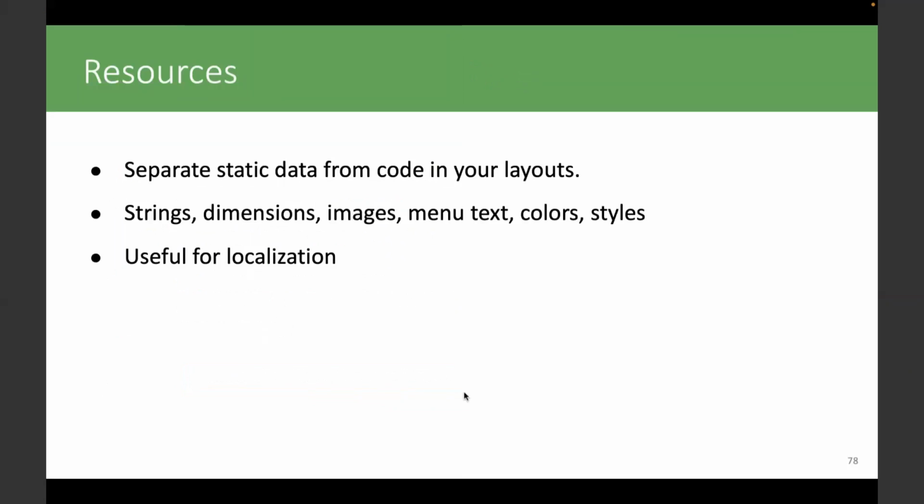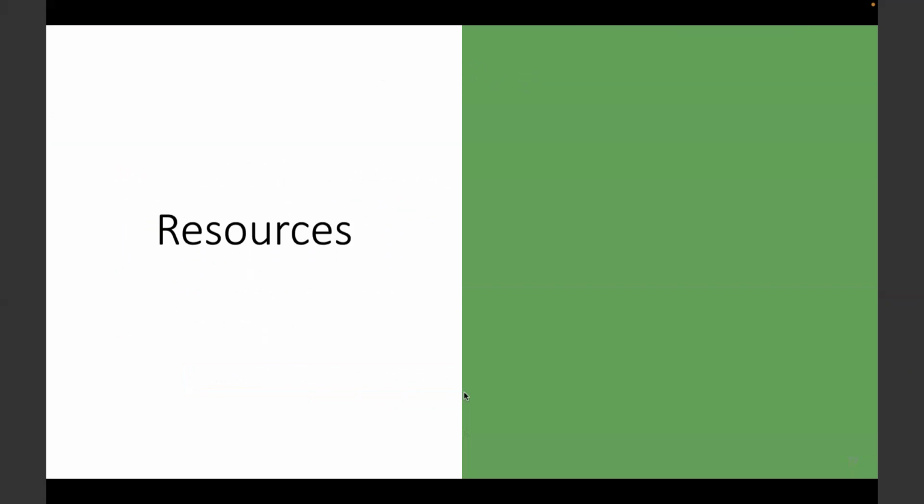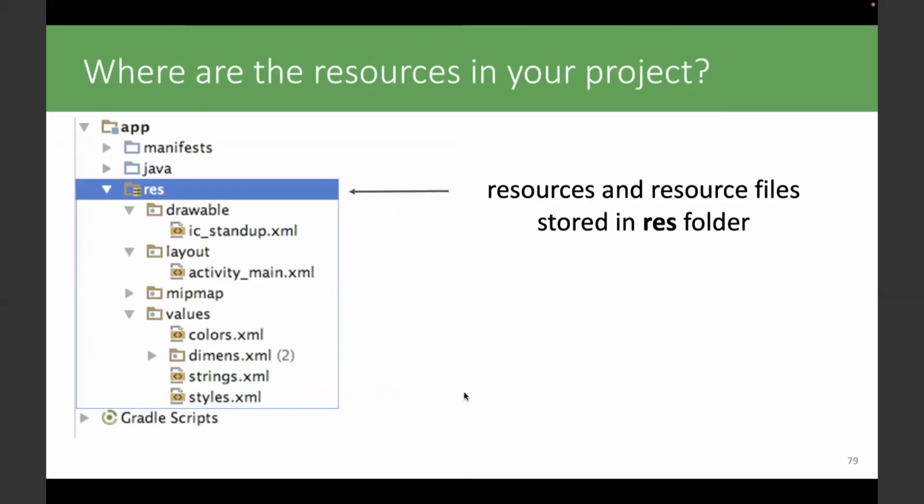So what's next? Resources. All the resources are placed inside the res folder, and depending on the type of resources, they can be placed inside different subfolders. Usually images and icons are placed under the drawable folder, layout files are placed under the layout folder, and values or constants such as colors, dimensions, strings, and styles are placed under the values subfolder, in different files, of course.